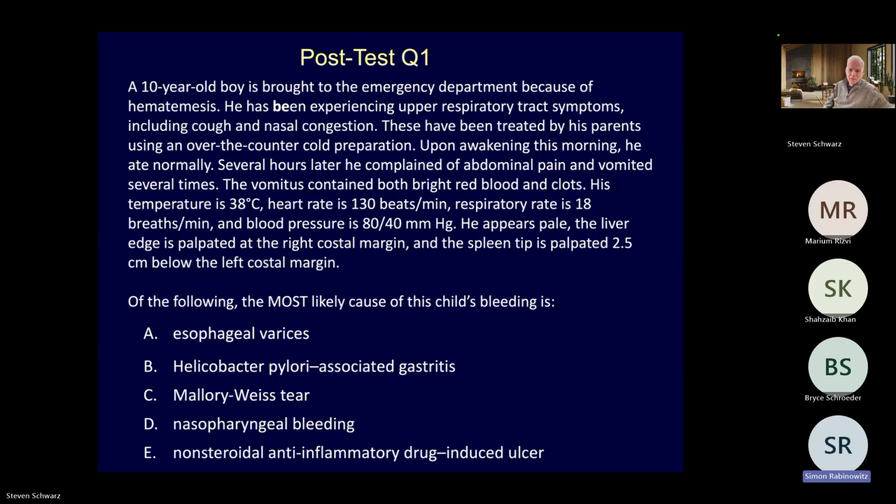Pre-hepatic. There you go. Why would you say that's correct? His liver edge is normal. He's 10 years old, and the spleen is enlarged, but he has no liver history. Right. Liver is normal, spleen is enlarged.